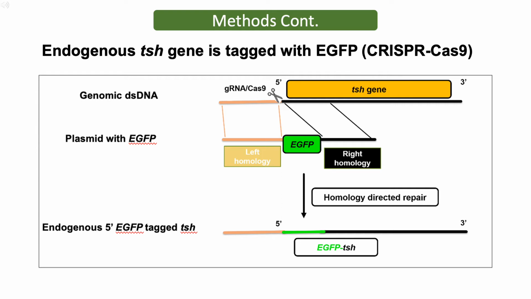We can see here in this diagram that we were able to insert this EGFP tag directly in front of the T-shirt gene. When we do experiments like co-immunoprecipitations or other biochemical assays, we should be able to use antibodies against this EGFP and be able to see this complex when experimenting.